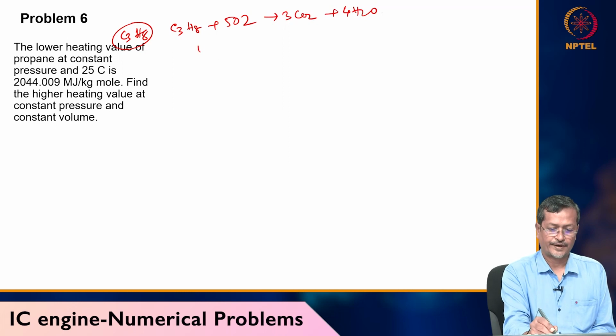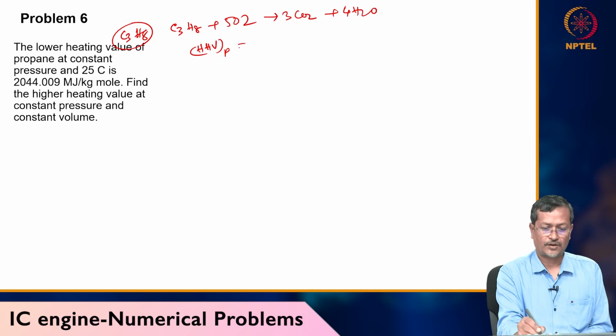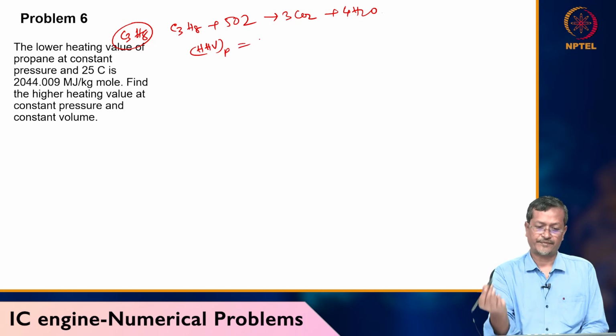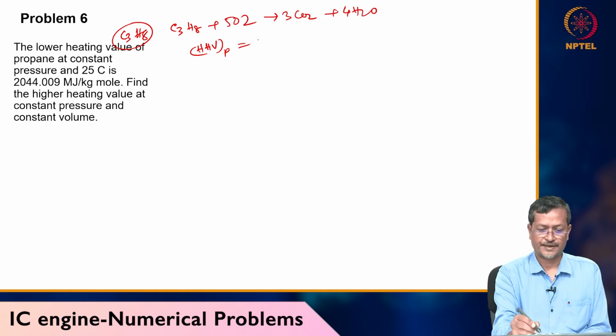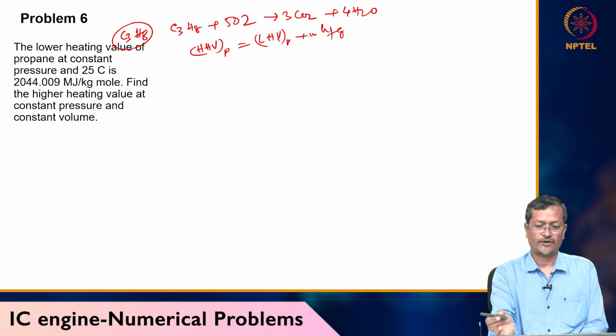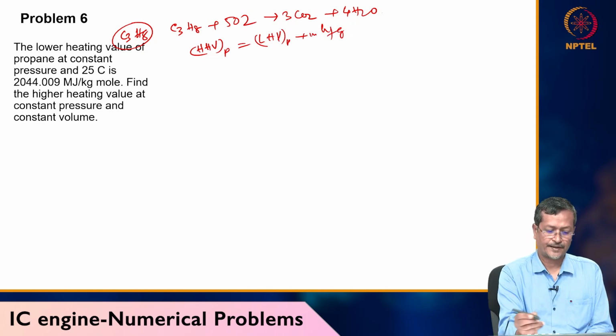The higher heating value, or higher calorific value as I explained in the previous lecture, is called the higher heating value in this book. Both are the same: HHV equals LHV plus m hfg, the enthalpy of phase change.